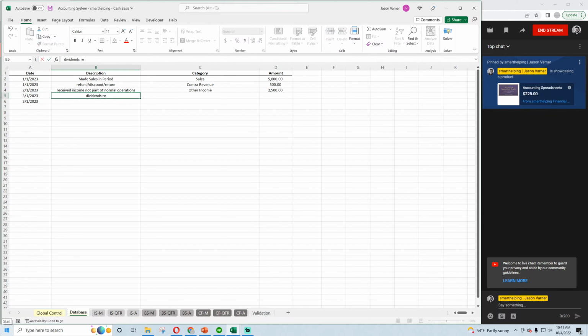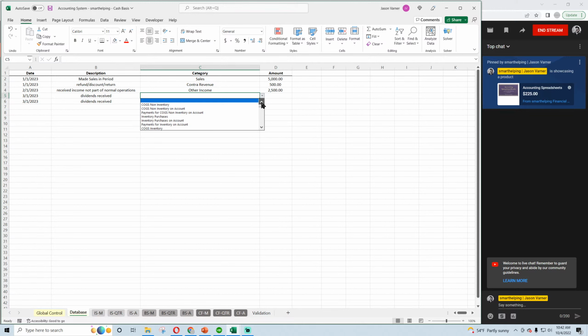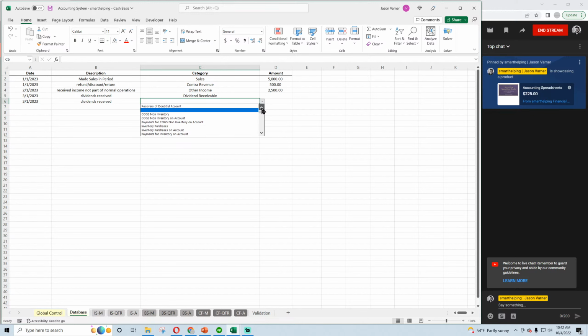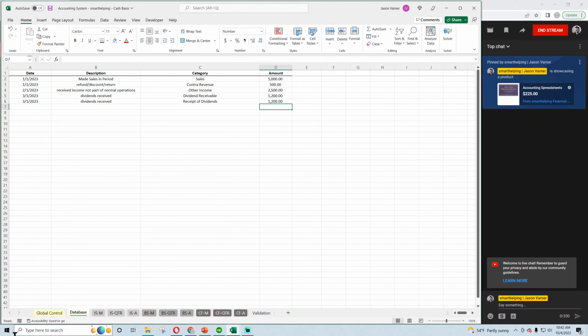Dividends received. And you would just use both entries to show it happening at the same time. So dividends receivable, receive dividends, and whatever the amount is.